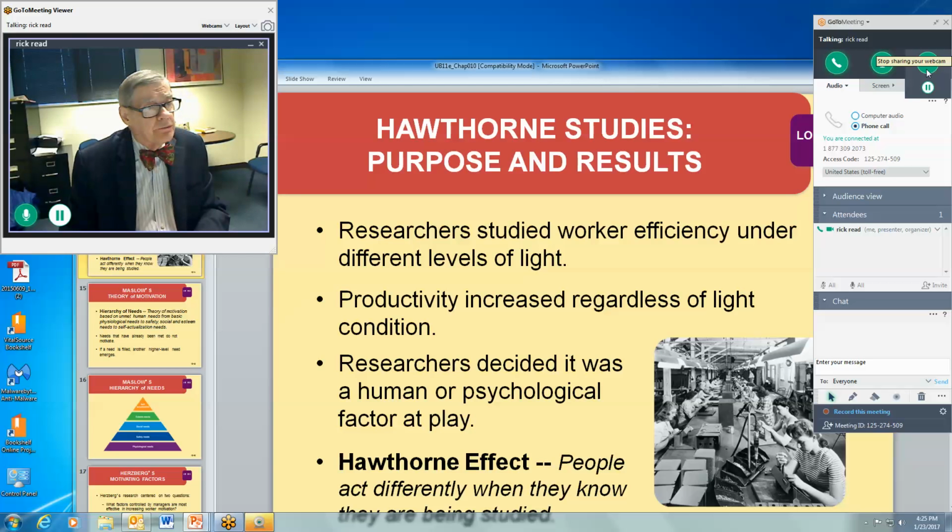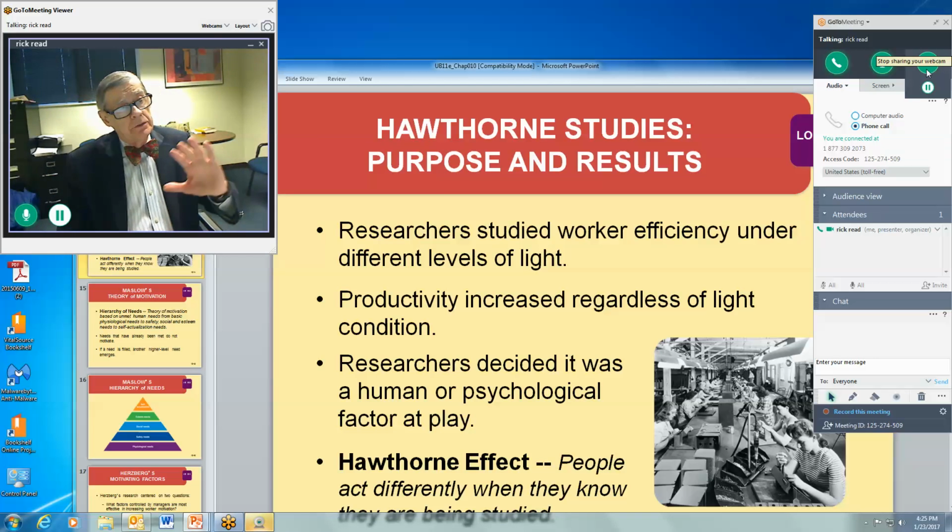They were conducted at a Western Electric plant, which was in those days the research arm of American Telephone and Telegraph, AT&T. And what they were trying to do here, as the slide says, and there were other things, but this one particular study was to see how well people performed at work in various levels of light. And they eventually reduced the light to what you would see as moonlight.